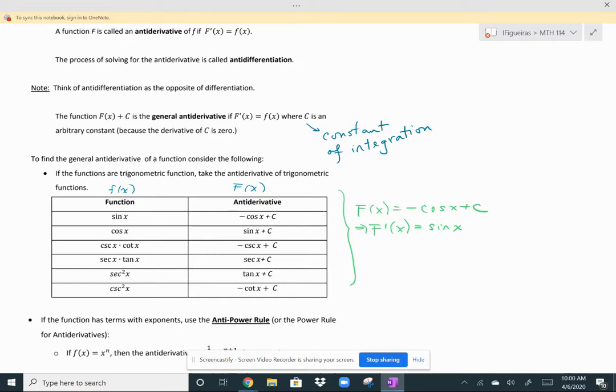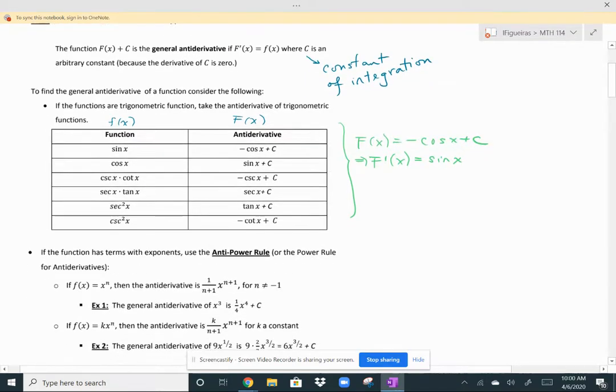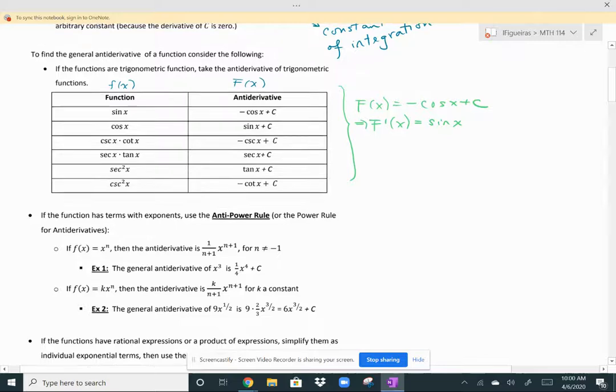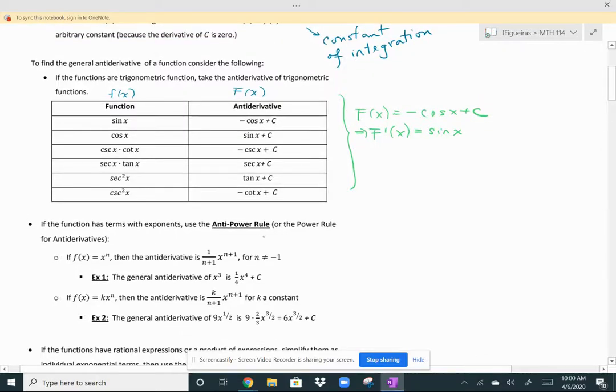If we're talking about expressions with powers, we have something called the anti-power rule, which is the opposite of the power rule. If f of x is equal to x to the n, as long as n is not equal to negative 1, then the antiderivative capital F of x would be 1 over n plus 1 times x to the n plus 1.